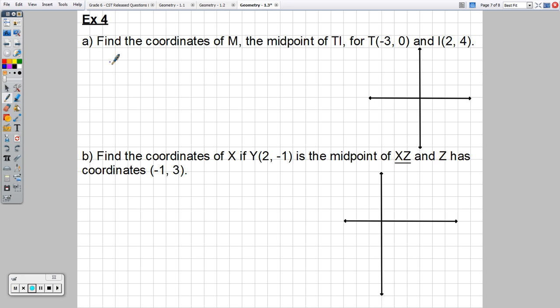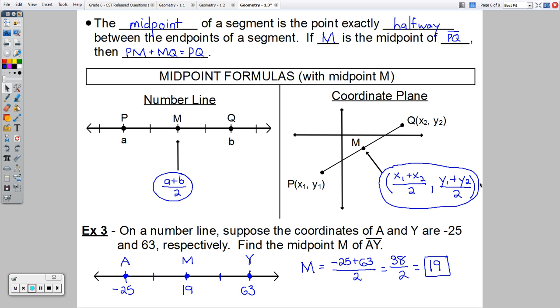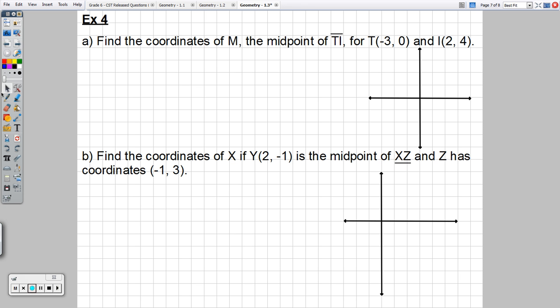Continuing with example 4, find the coordinates of M, the midpoint of TI, for T (-3, 0) and I (2, 4). So for this one, we're going to use this idea. We've got (x1 + x2)/2, (y1 + y2)/2. Let's label these points with those particular values.